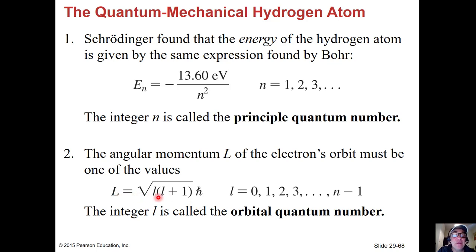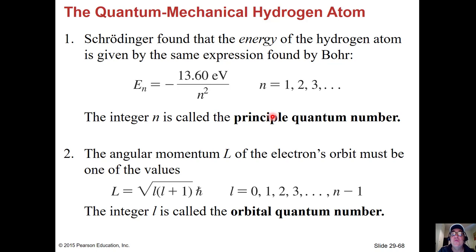Angular momentum is L times the square root of l plus 1, this whole thing under the radical, times h bar. And here, little l could be anywhere from 0, 1, 2, 3, all the way up to n minus 1. So if n is equal to 2, l can be 1 or 0. If n is equal to 1, l can only be 0.